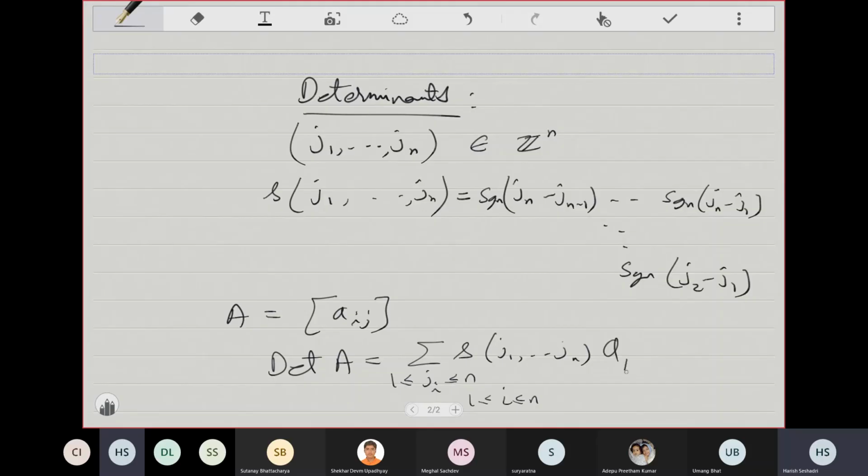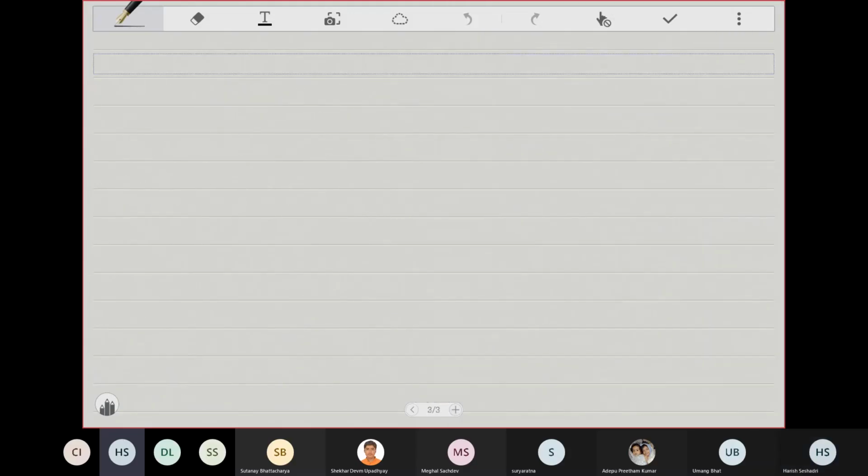And then the product A1,J1 ... An,Jn. And we have proved these properties, that the determinant of the identity matrix is 1.